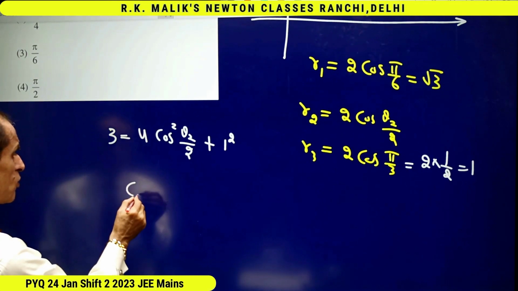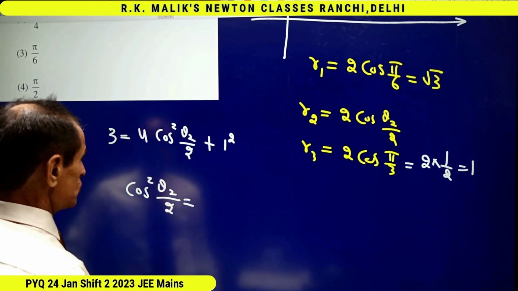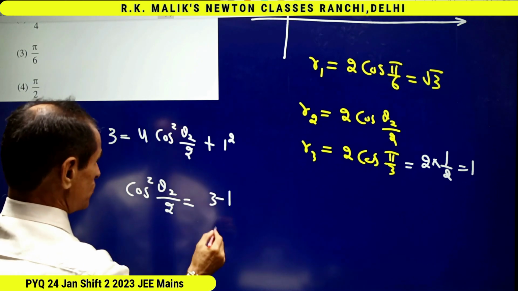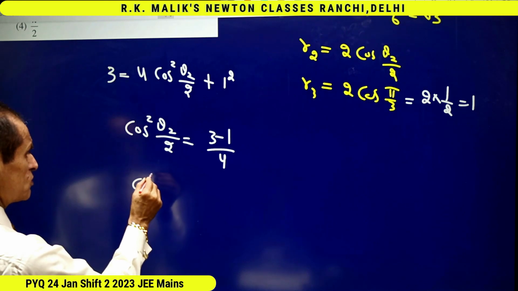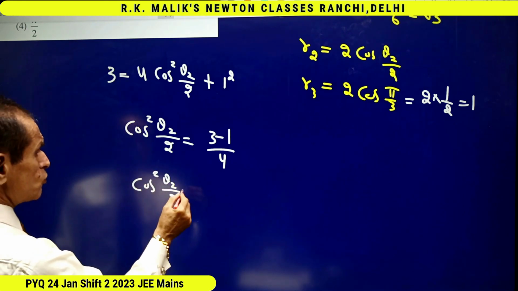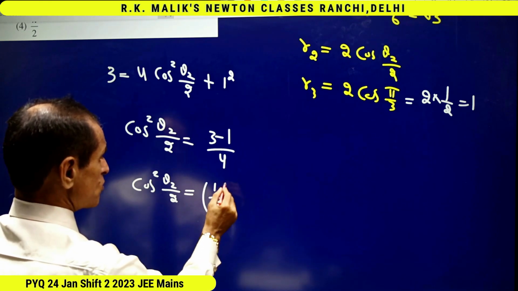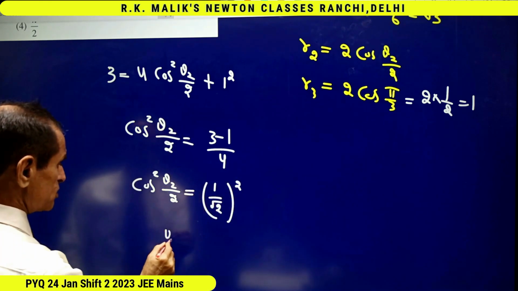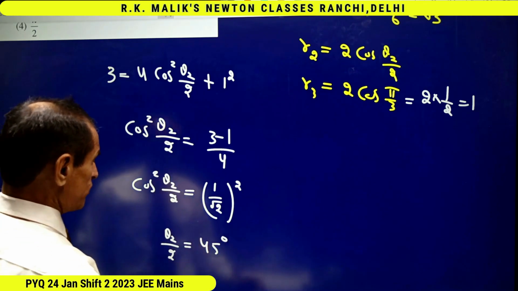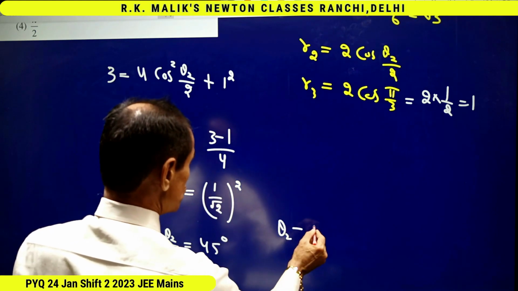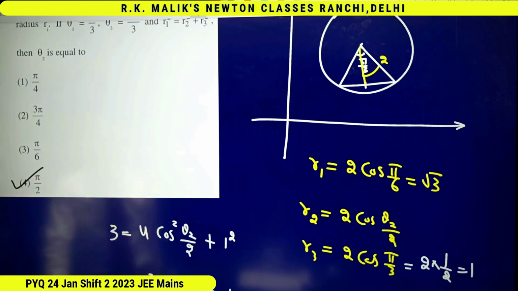Hence I get cos square theta 2 by 2 is equal to 3 minus 1 by 4, that is cos square theta 2 by 2 is equal to 1 by root 2 whole square, that is theta 2 by 2 is equal to 45 degree, that is theta 2 is equal to 90 degree. Hence I can say the fourth choice is the correct choice.